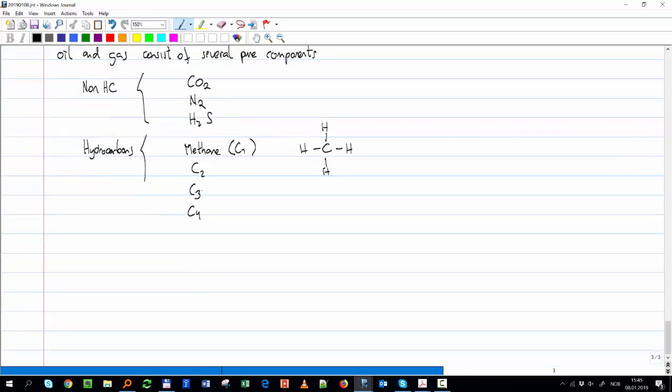And when we increase the number of carbons, something happens, right? What happens when you increase the number of carbons? For example, C4, you could have it like that, with H here.